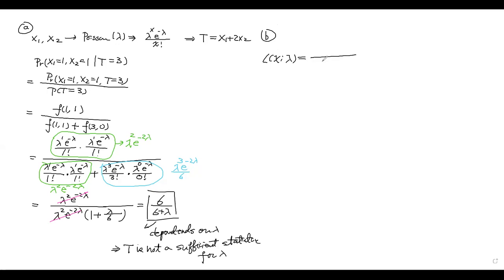The likelihood function is just the product of the two PDFs: lambda to the x1 e to the negative lambda over x1 factorial, times lambda to the x2 e to the negative lambda over x2 factorial.